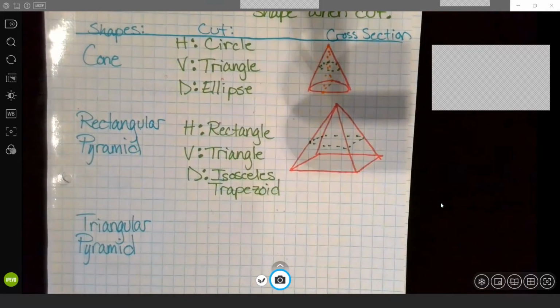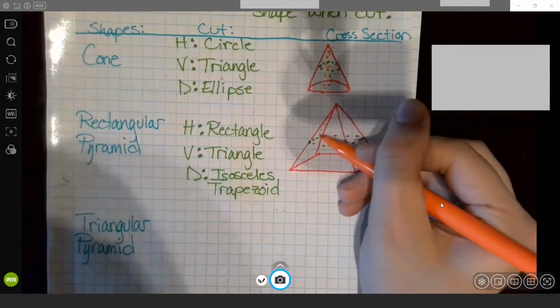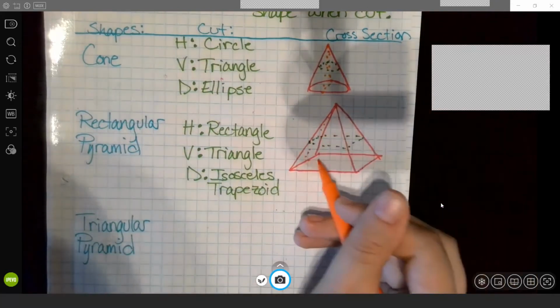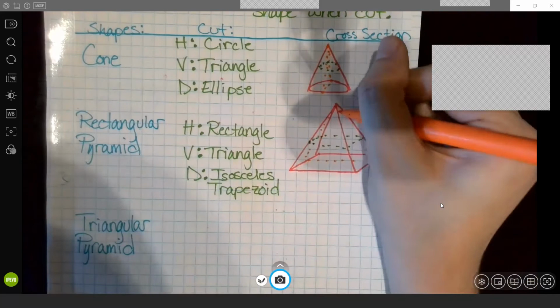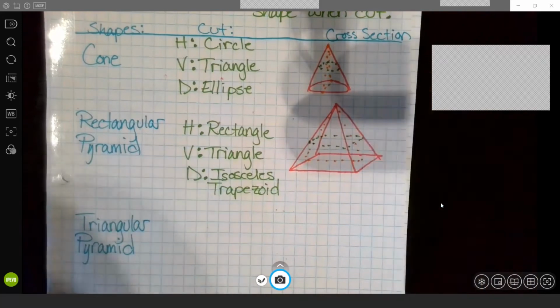My triangle also exists in here if I cut vertically through, and then the isosceles trapezoid does as well. This is what I mean when I say you want to have something like GeoGebra. That's what I'm playing around with, because drawing, while awesome, can get really messy really fast. So when I link it to you guys online, be sure to use it.